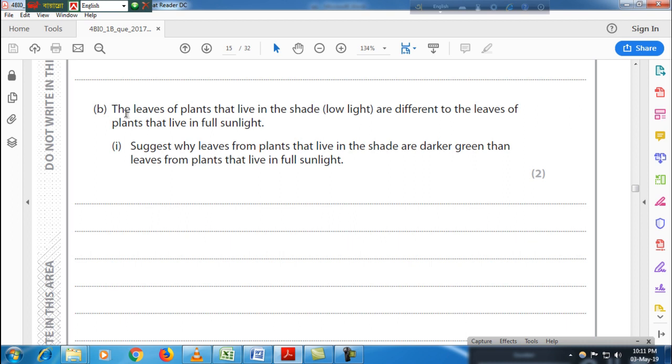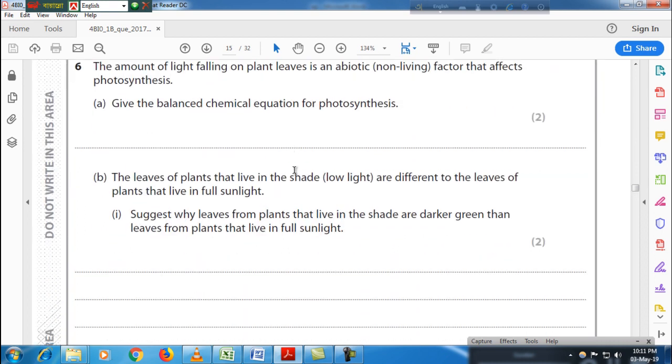Now next question, number B. The leaves of plants that live in the shade, low light, are different to the leaves of plants that live in full sunlight. Number 1, suggest why leaves from plants that live in the shade are darker green than leaves from plants that live in full sunlight.